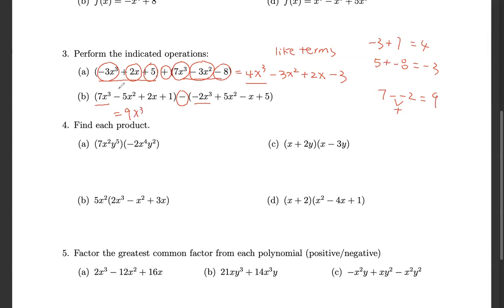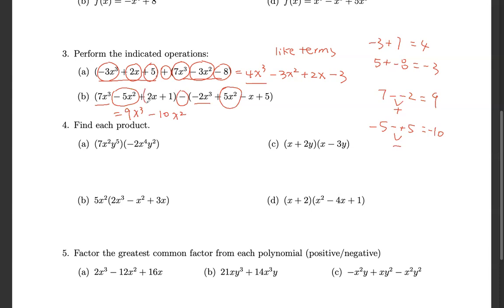Then we look for the square term of -5x squared minus 5x squared. So we're thinking -5 minus +5. Minus positive, that's minus. -5 minus 5, that's -10. So we get -10x squared.